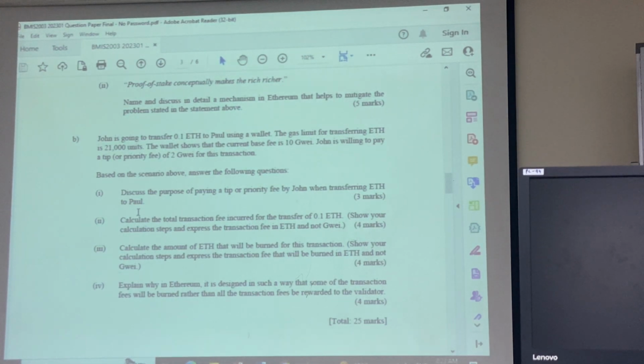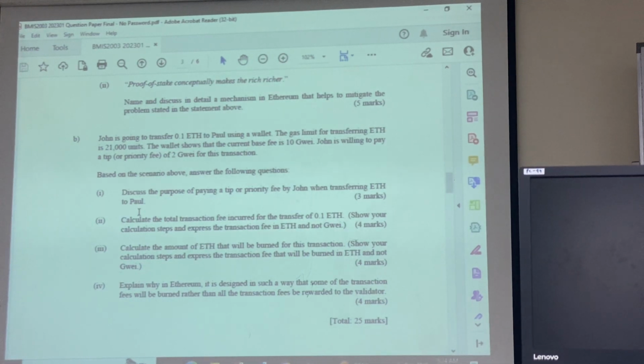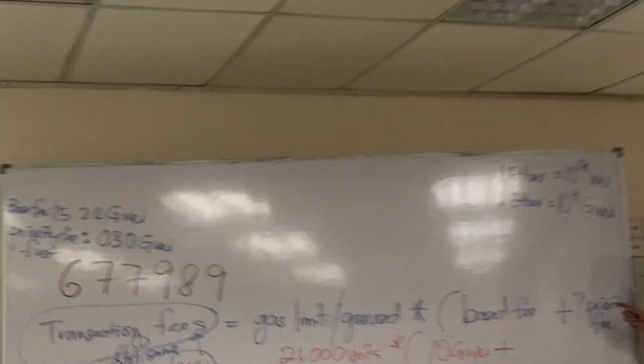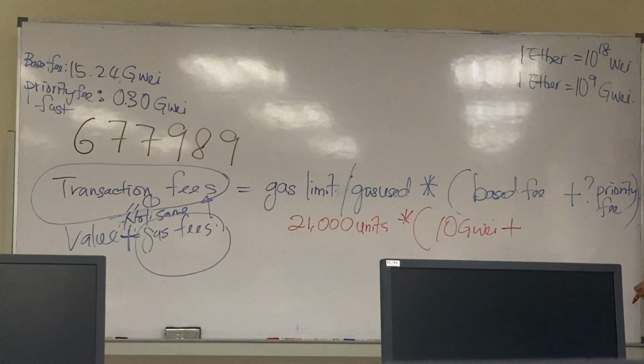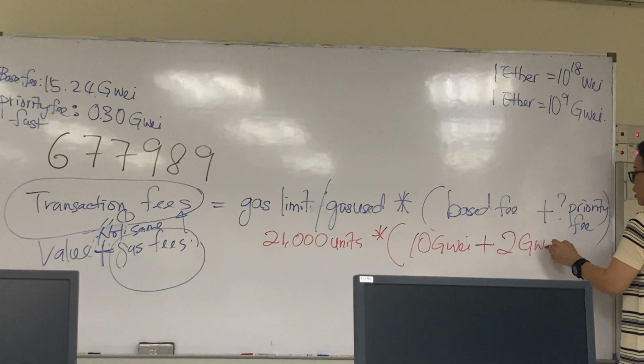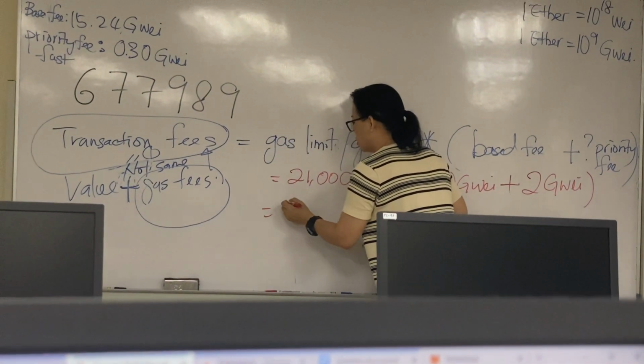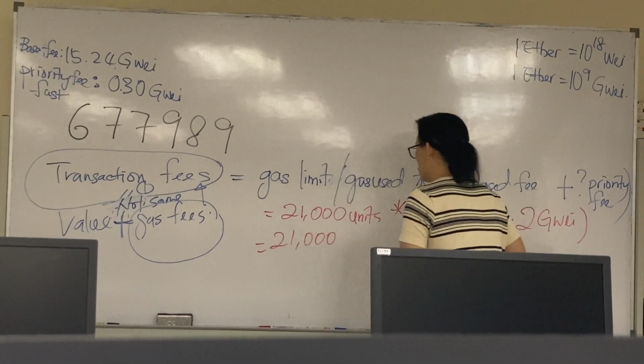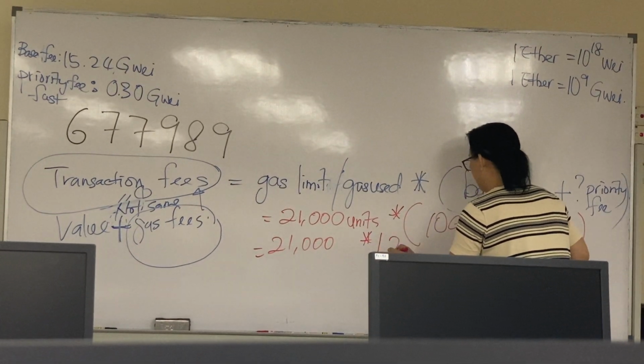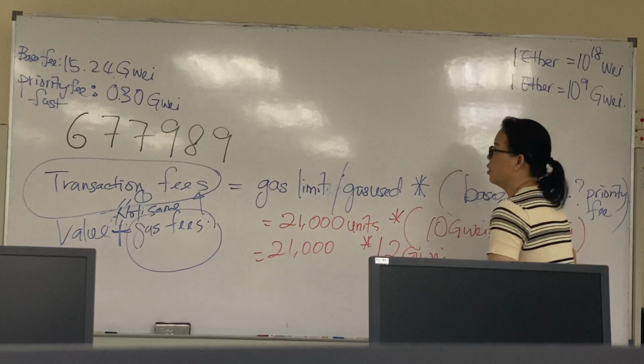Then John is willing to pay a tip. The tip here is a priority fee of 2 Gwei for the transaction. It means he's willing to speed up. Remember, priority fee is an additional payment which you pay to speed up your transaction. So here is 2 Gwei. Simple calculation: 21,000 multiplied with 12 Gwei.